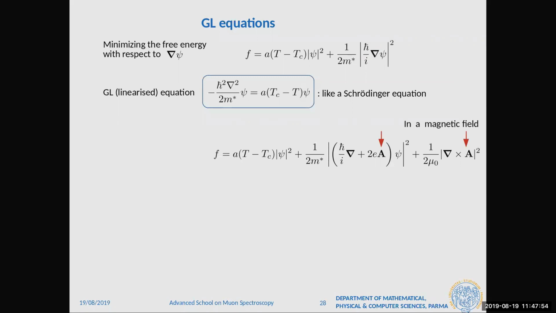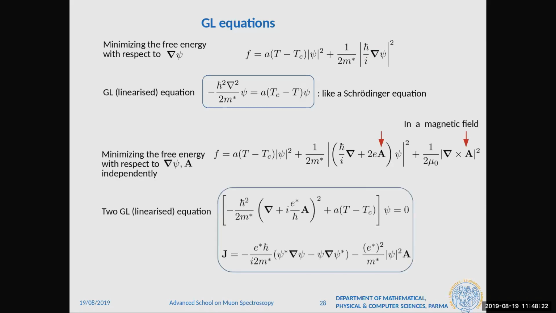One is the gradient of psi, like here, and you will get a new Schrödinger equation, which will contain the magnetic field. And the other is minimizing with respect to A, because A is not an external field, it's also the field of the supercurrents. And the field of the supercurrent is a major player inside the superconductor. Right? So you have to treat that at the same level as the order parameter. If you do that, the only thing I want to tell you is that you get two equations.